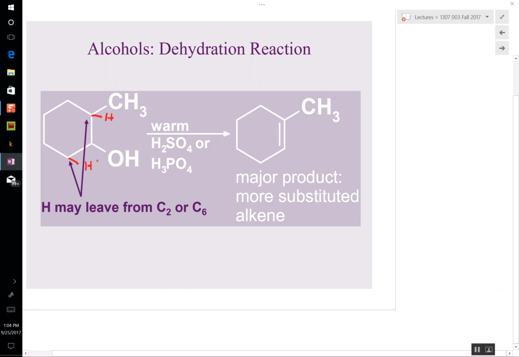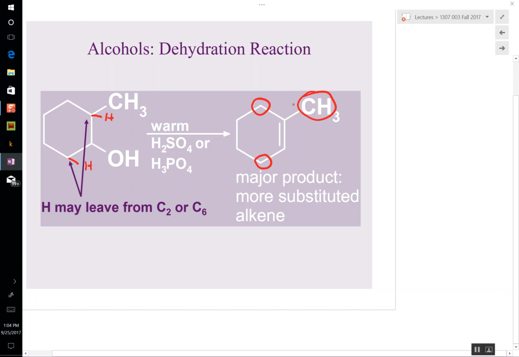So we could remove that water molecule and get a double bond right there, and we'd have 2 carbons on that double bond. Or we could remove that hydrogen with this hydroxyl and get the double bond right there. And as this is pointing out, that would be the major product, because we would have a carbon substituted there, a carbon there, and we have a carbon there.